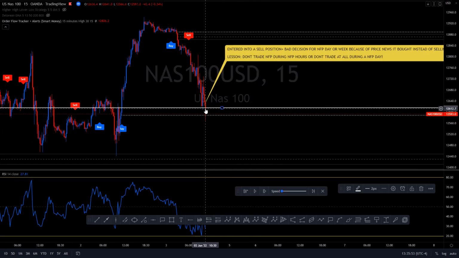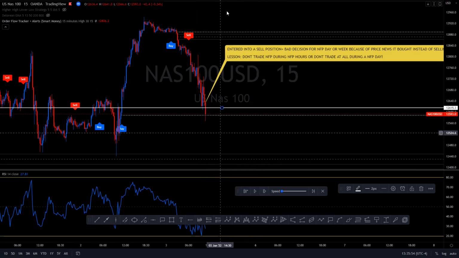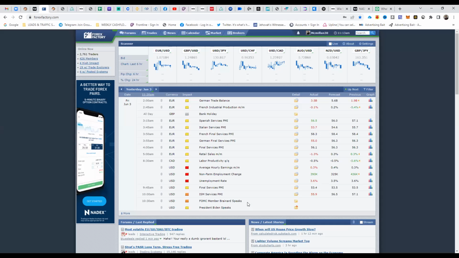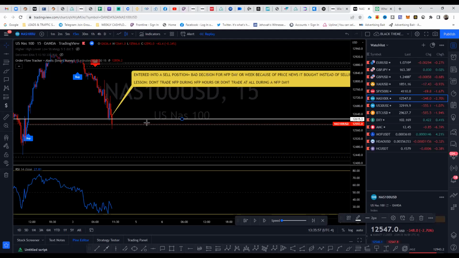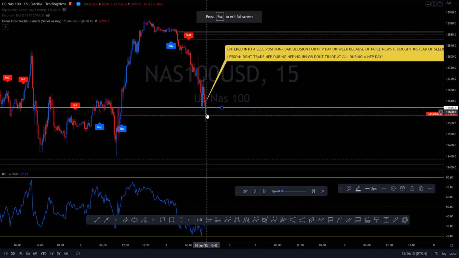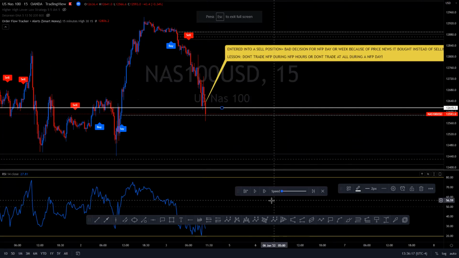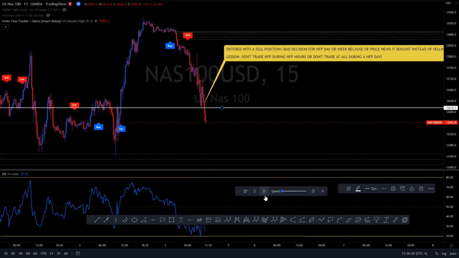Now look what happened. Now it's 10:30. Let's check 10:30 on the news now. So 10:30 is where price is still under some major news, but it kind of cleared up. You can look down here at this yellow folder when President Biden spoke. The US dollar was pretty much in the clear. So now let's observe that. So what we had entered into here, okay? Let's look at what the next candle did.